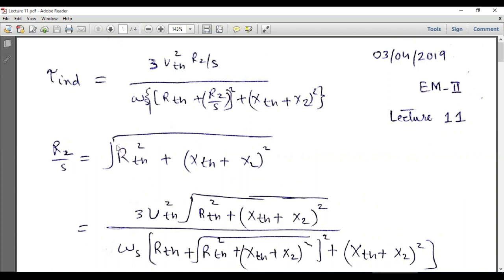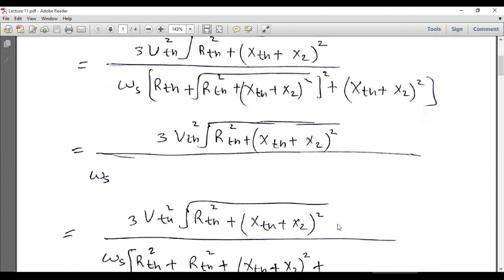R2 over S square means this whole expression and its square. So this R2 over S whole square and X Thevenin plus X2 whole square. This is the expression that we have obtained. Now we have to expand this square.